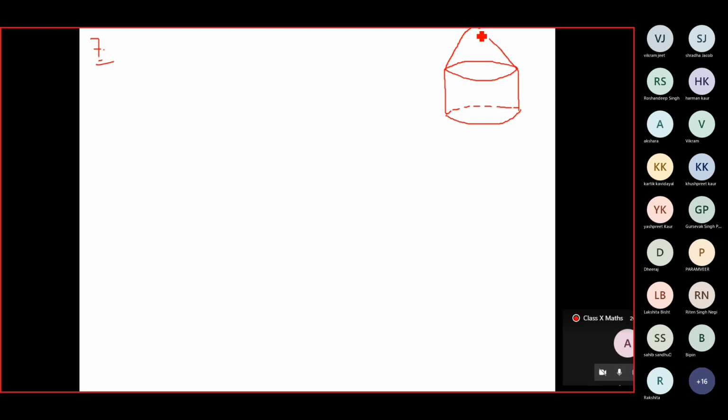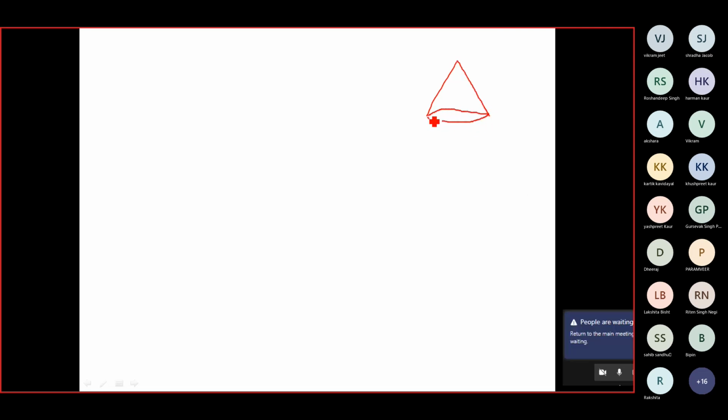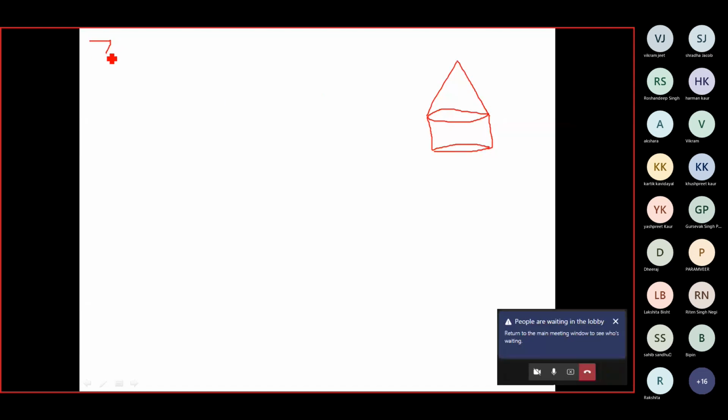A cone is there on the top, and the bottom part is a cylinder like this. So question number 7 it is.